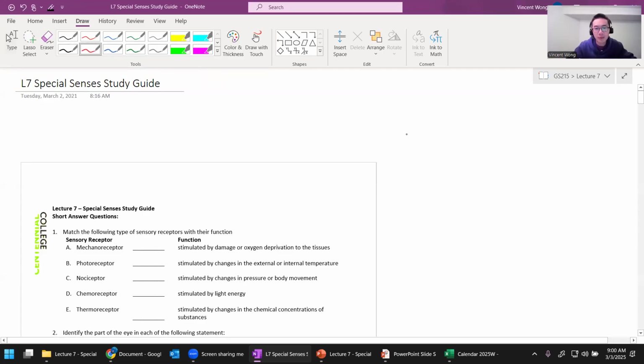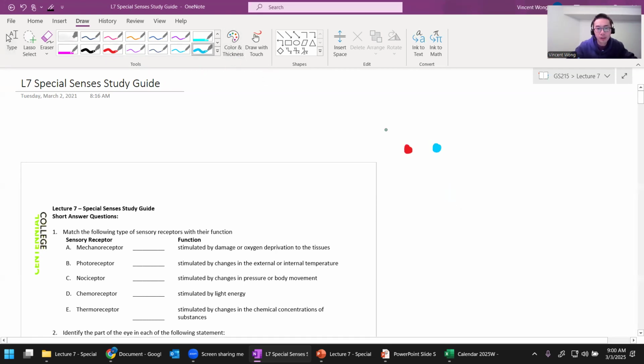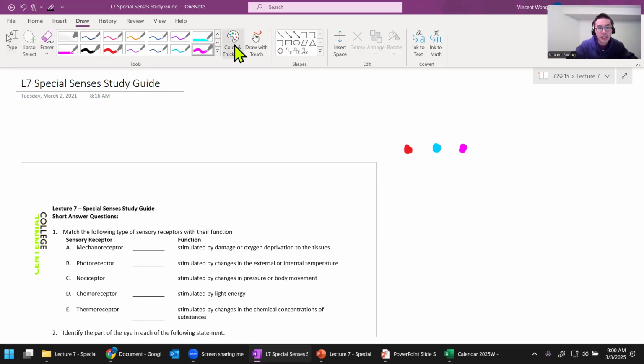Let's say there is a receptor for red odor, okay? Whatever that is, red odor. And then let's say we have a receptor for blue odor, and then a receptor for pink odor, and then let's say we have one more, green odors.